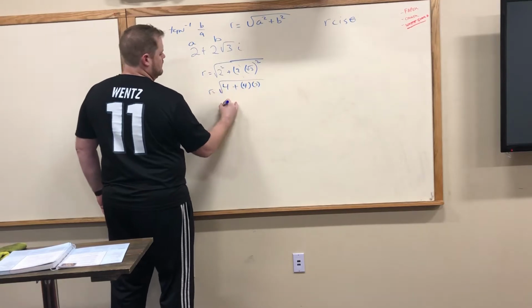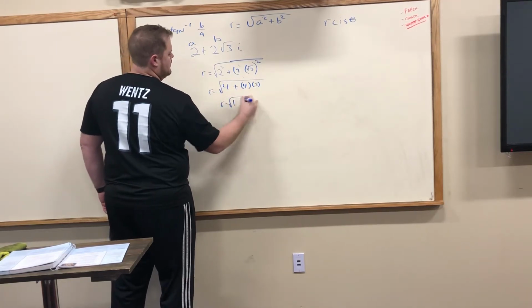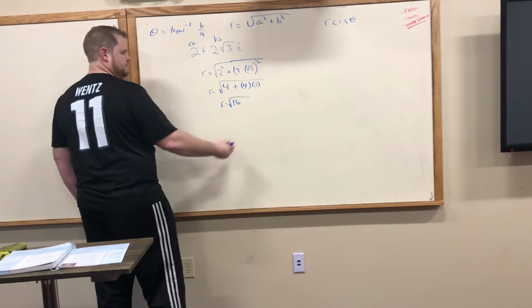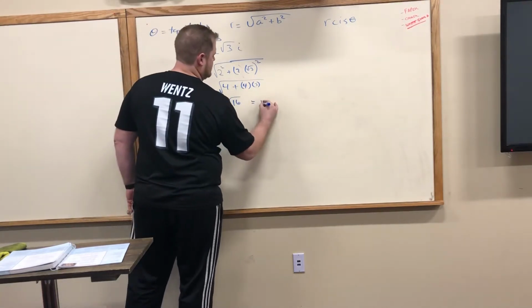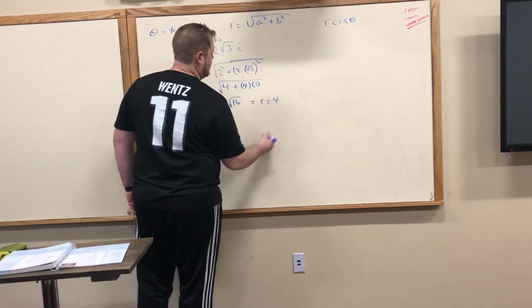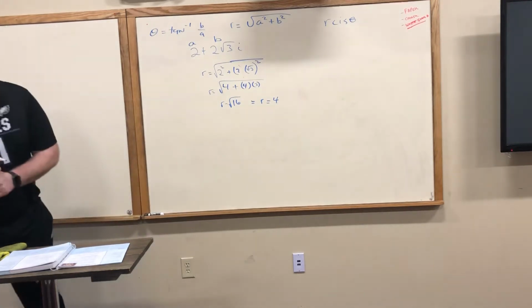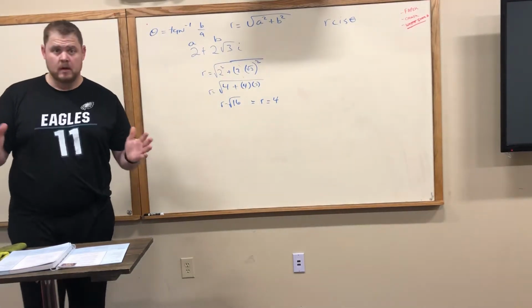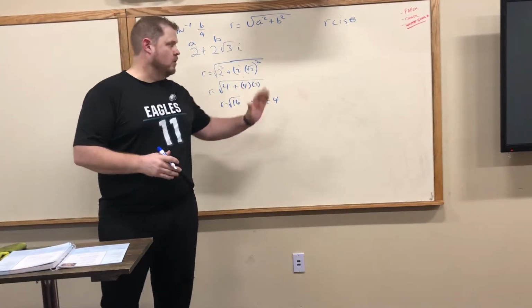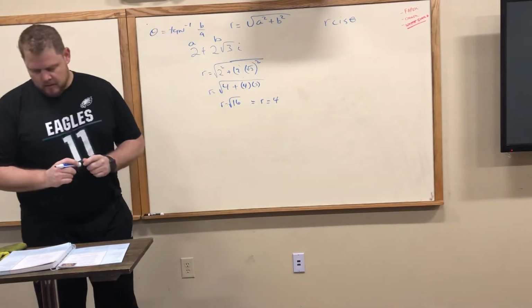So r equals the square root of 16, which in turn is r equals 4. So we have our r. Everybody got, so far we good? Everybody's good? So far r is 4. We all understand where we got that from.